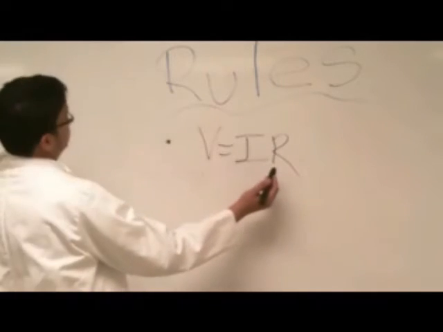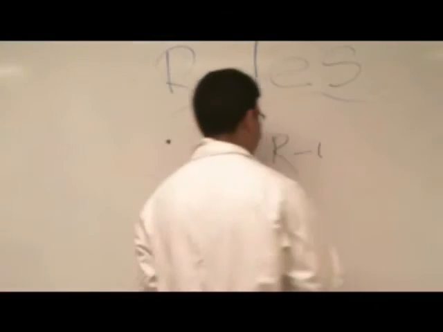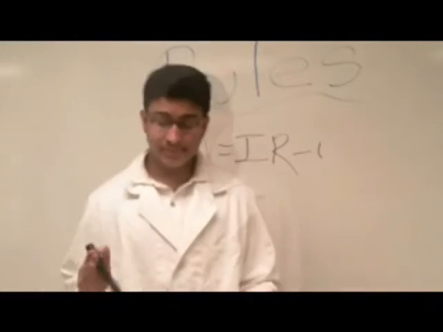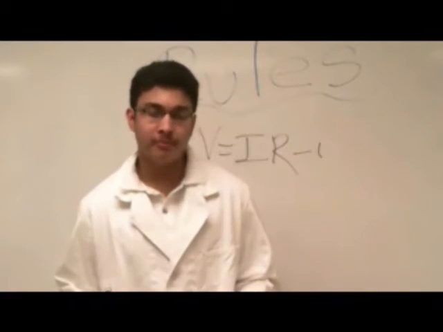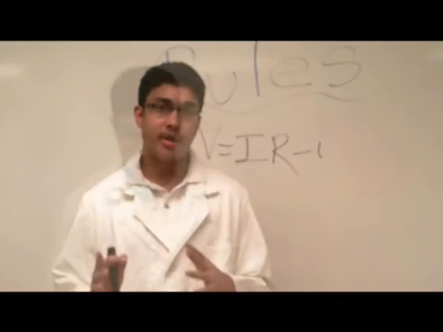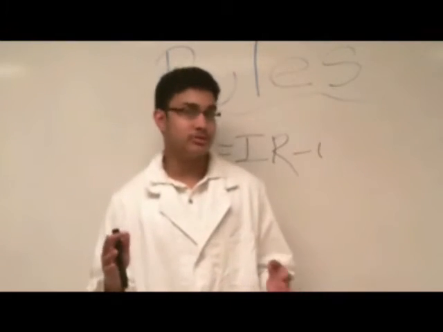When one value changes, the other changes. But the most important thing you need to know is that as long as the temperature stays the same, the formula won't change. It will always be V equals IR. And basically, that is one of the most important rules.